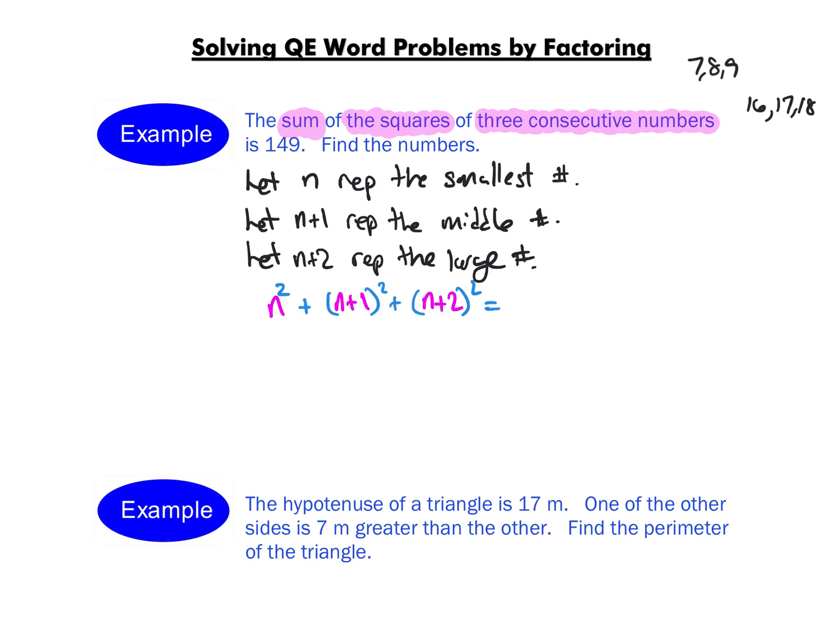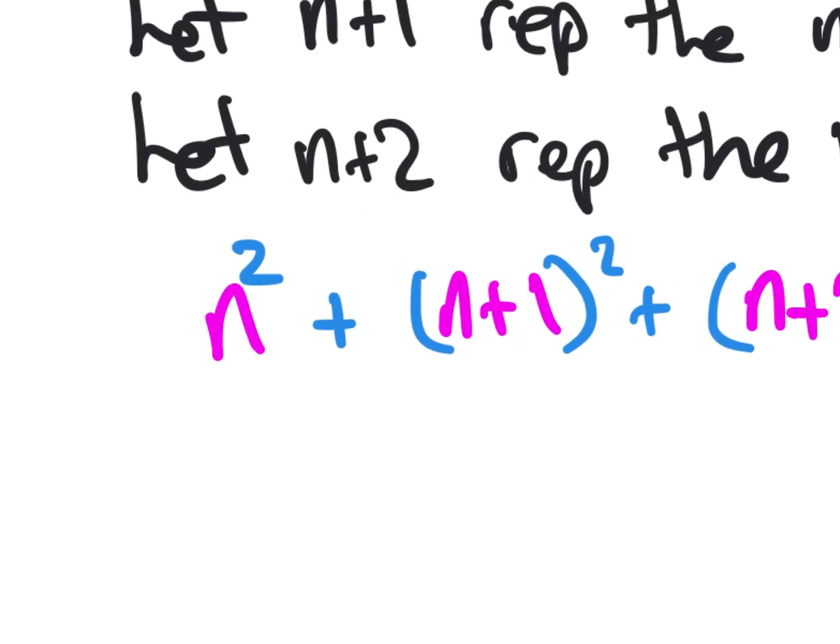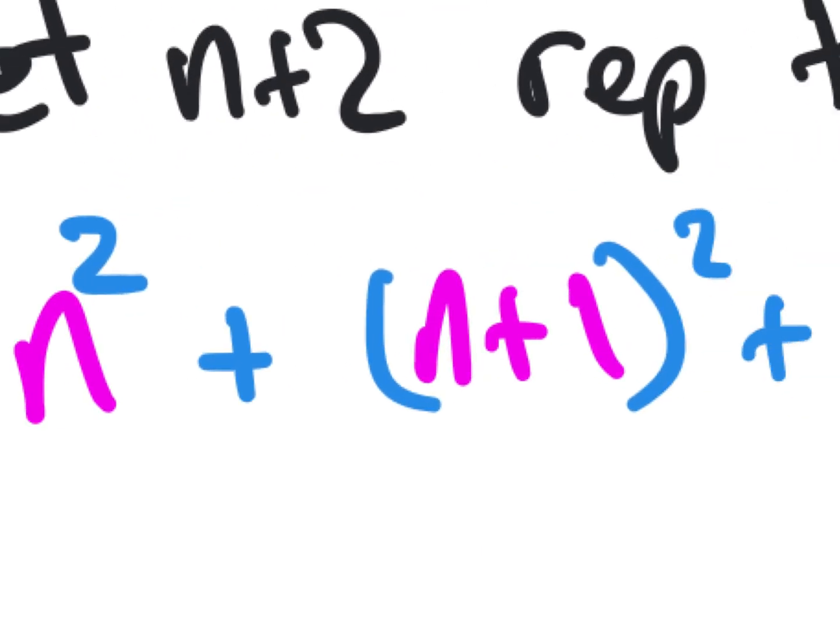And the sum is 149. Okay, so now it's just a matter of simplifying these. Now, in previous discussions, n squared is n squared, we know this.